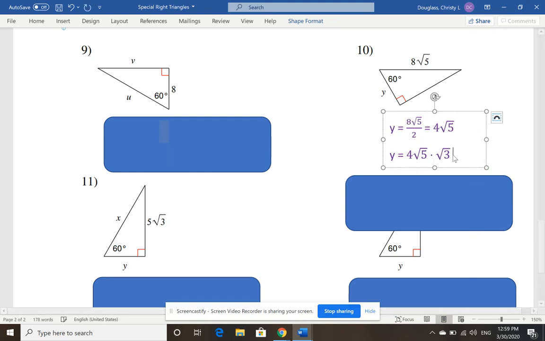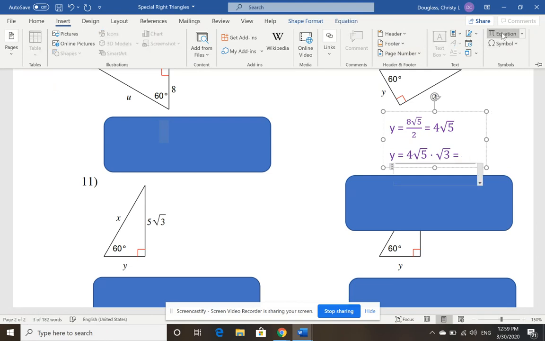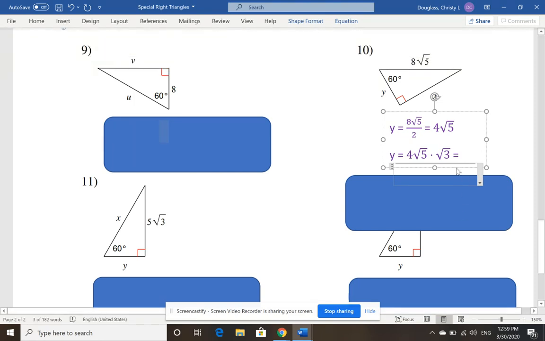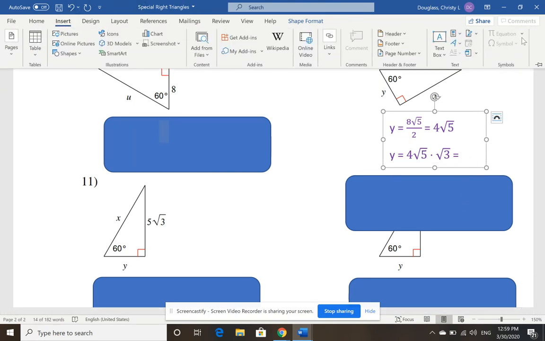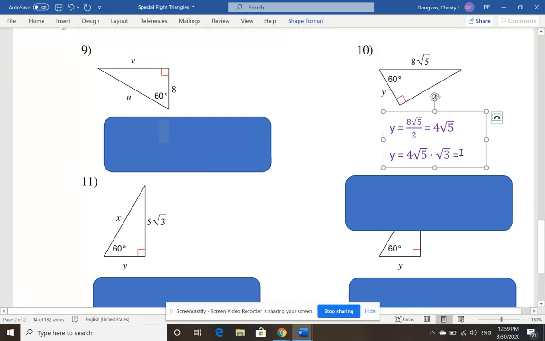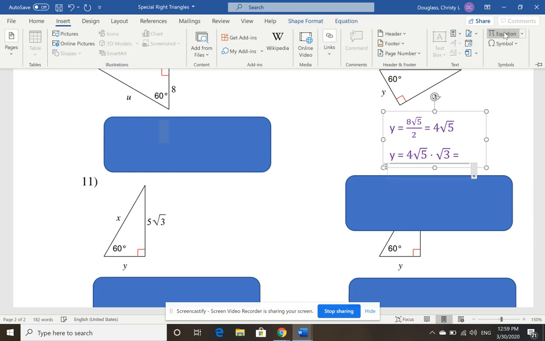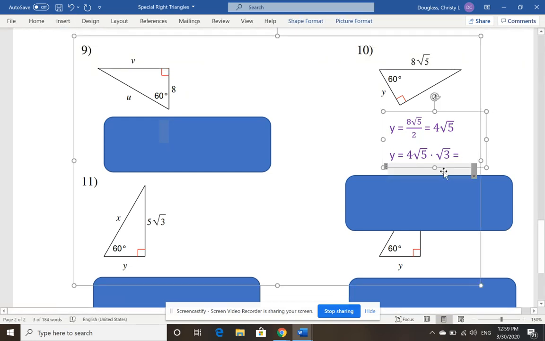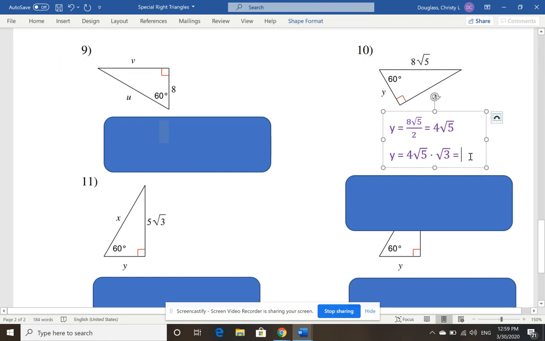Now, when I multiply 4 square roots of 5 times the square root of 3, the 5 and the 3 get to do math together. Well, it's going to be 4 times the square root of 15.